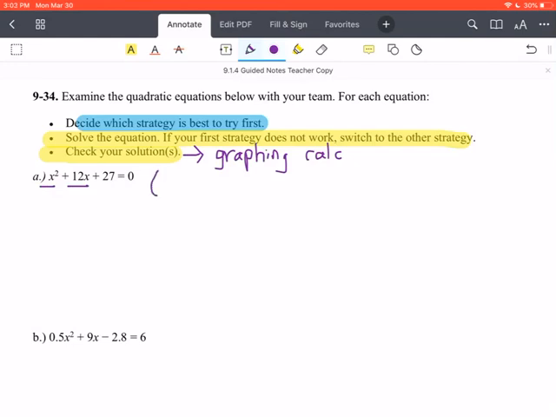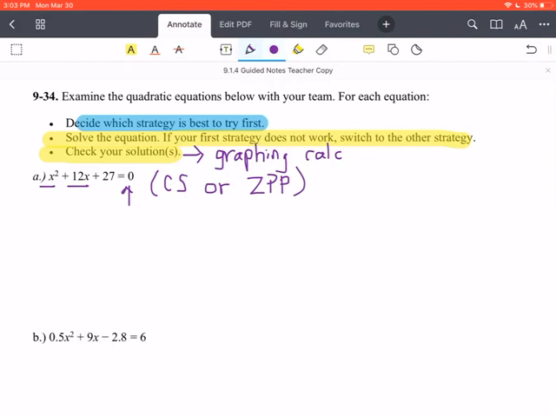So the strategy I'd like you to try is either you can use complete the square. I'm going to use CS to stand for complete the square, or ZPP. Okay, either of those would work. Now, with ZPP, remember, we have to make sure that truly the equation is set equal to 0.